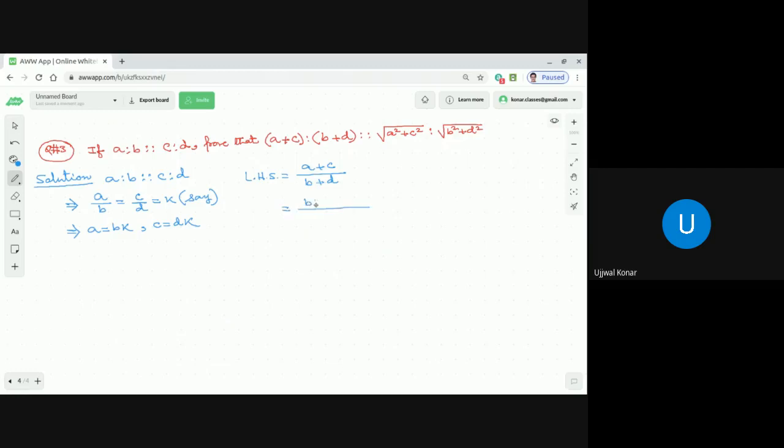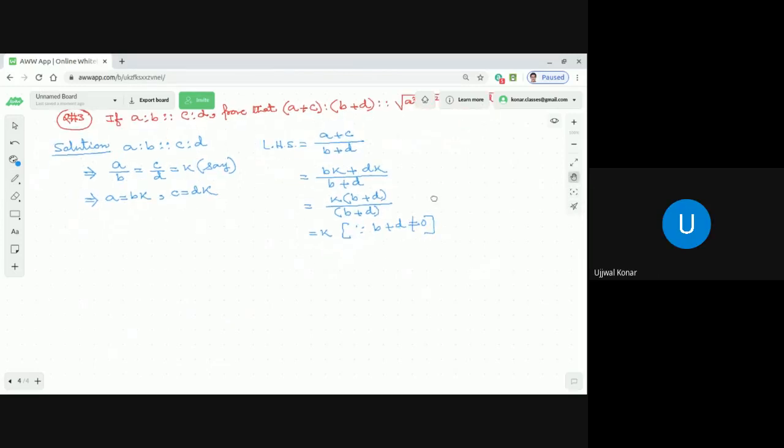A is Bk plus C is Dk, divided by B plus D. So what are we going to get? We can take K common, (B plus D) divided by (B plus D). So that is equal to K, since B plus D is not equal to 0. Correct, no?